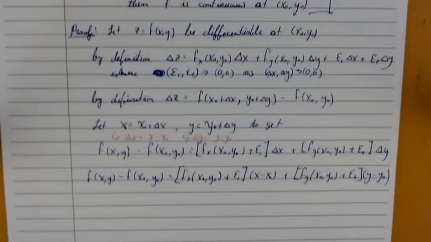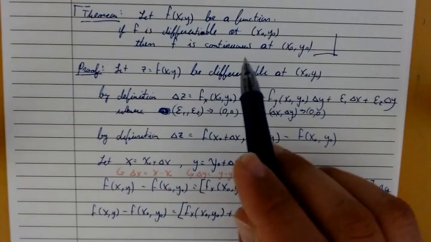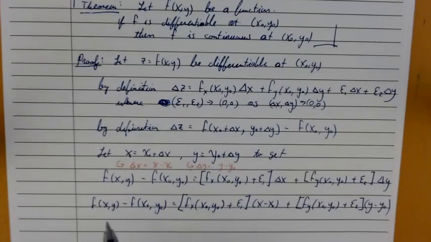Okay, now we're almost done. Let's take the limit as x comma y approaches x naught comma y naught, because that's how we're going to find continuity. Remember, a function is continuous at x naught comma y naught if you take the limit as x comma y approaches x naught comma y naught, you just get f of x naught comma y naught.